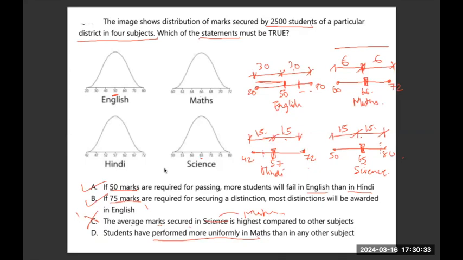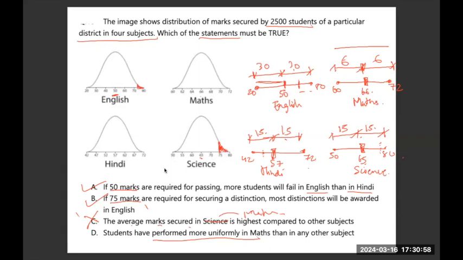In case of option B, 75 marks for distinction. I'm just trying to hatch this part. Versus in English, it is actually coming here. So this was a very close call. If I were just relying on this like I did right now, it was wrong.